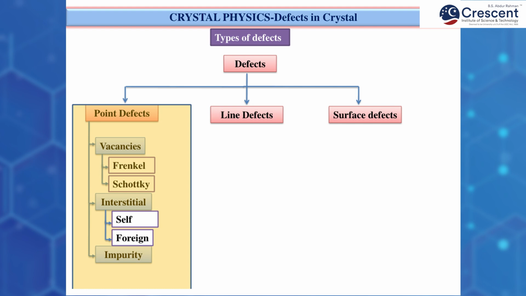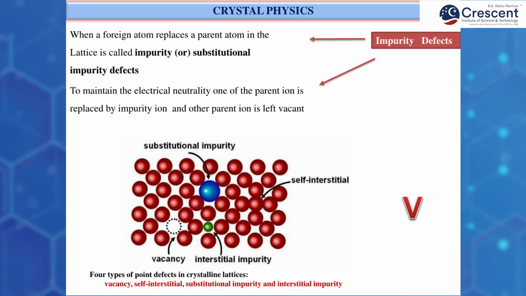Can you see here? Substitutional. It is again one of the point imperfections in crystals. Here there is an impurity atom which occupies the regular lattice site, depending on the size of the atoms, either without affecting or, as you can see in the diagram, with an atomic radius slightly larger than the regular site, so that it will disturb the crystal structure.